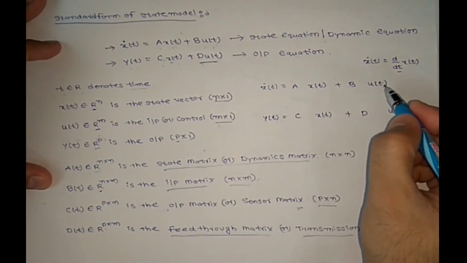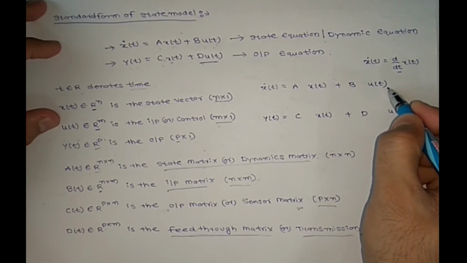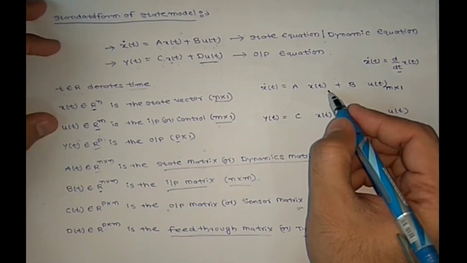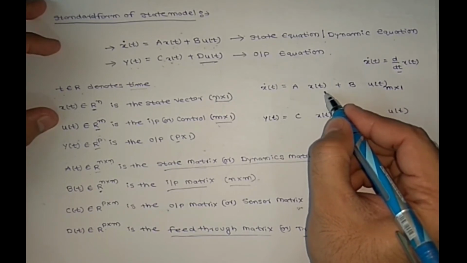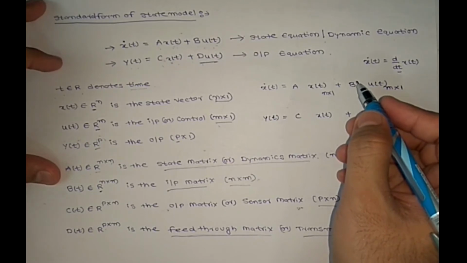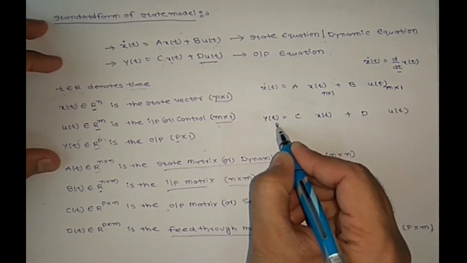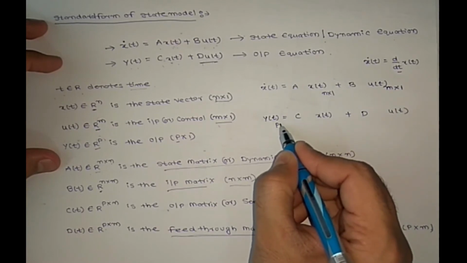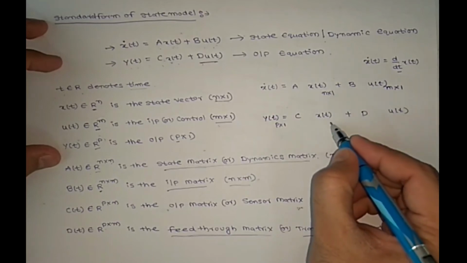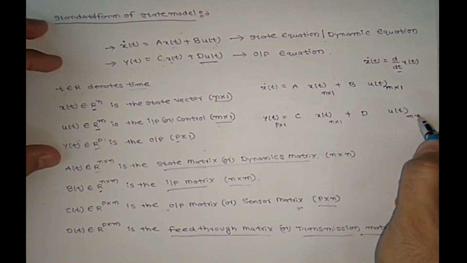Here the input is u of t, with m number of inputs, so m cross 1. x of t is the state vector, n cross 1, as we discussed just before. The output y of t has p number of outputs, so p cross 1.